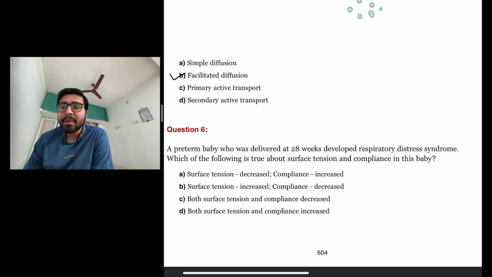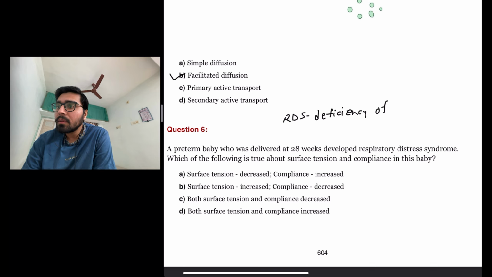The next question is, a preterm baby who was delivered at 28 weeks developed respiratory distress syndrome. Which of the following is true about surface tension and compliance in this baby? So respiratory distress syndrome is due to deficiency of surfactant.